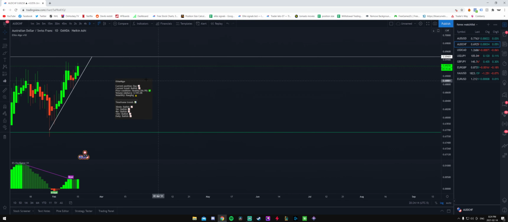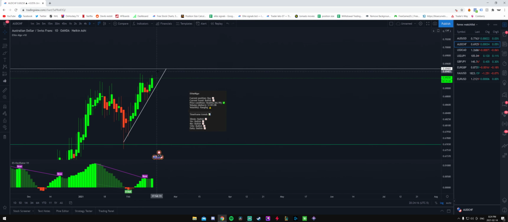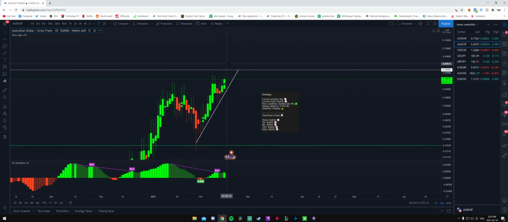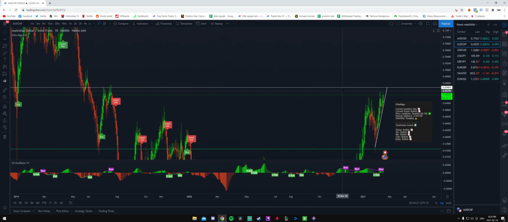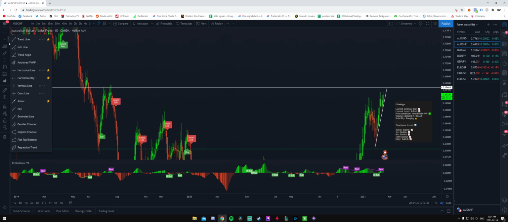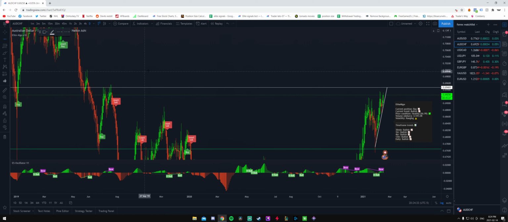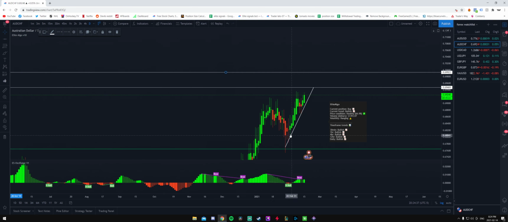If we go back, this seems like a very strong resistance over here. So I probably would not get into this trade until I see that this resistance line has been broken up here. And if that does break, then your next price target will probably be right around here.